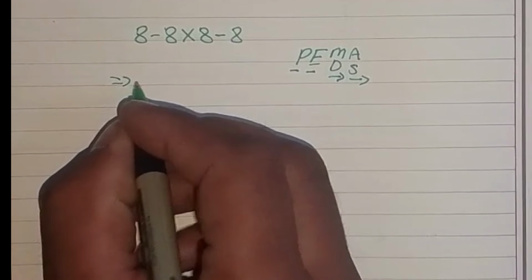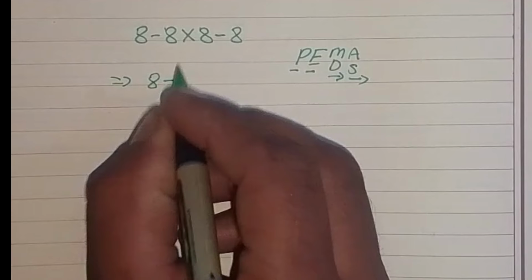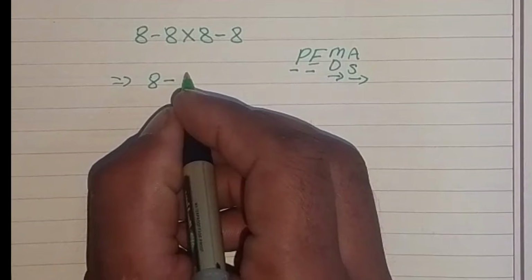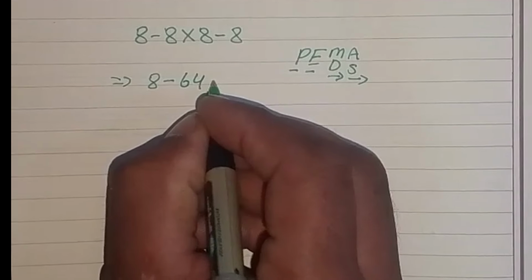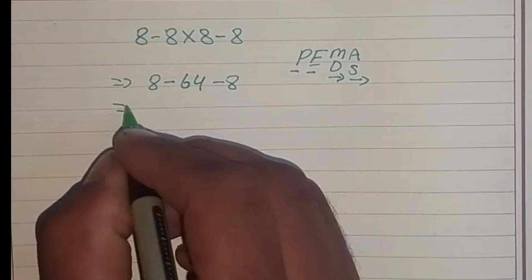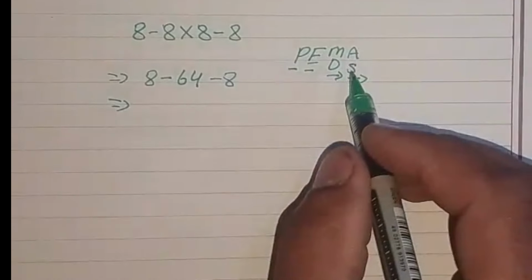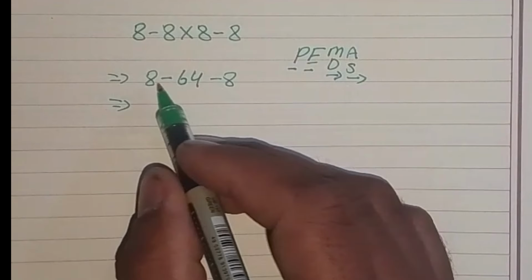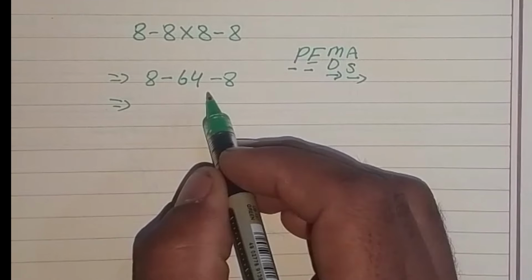So the equation becomes 8 minus 8 times 8, which gives us 8 minus 64 minus 8. And if we have more than one subtraction, we solve from the left side.